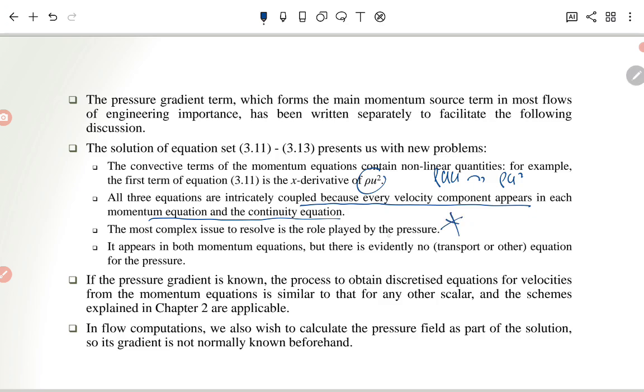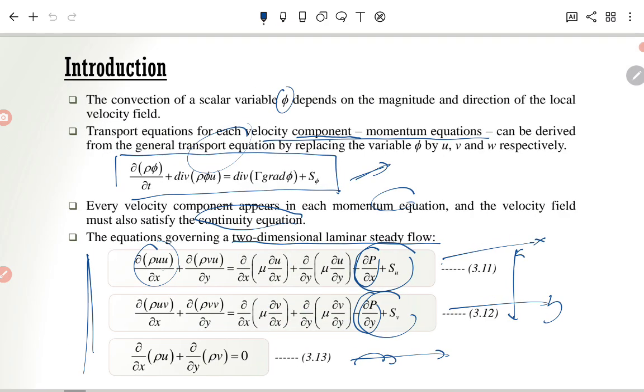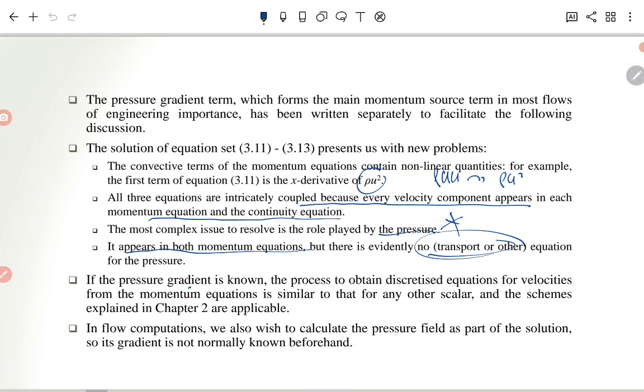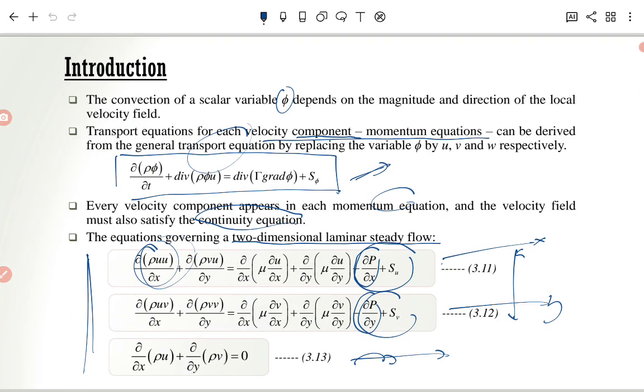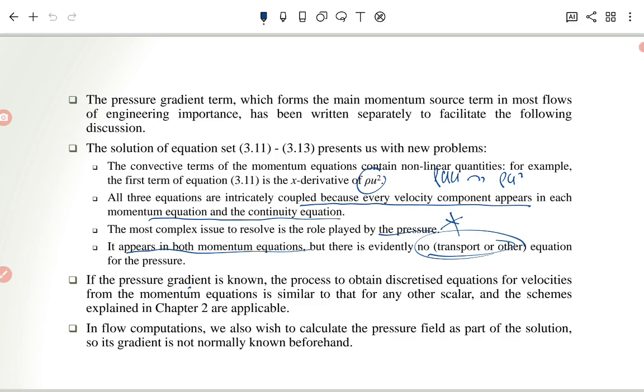The pressure appears in both momentum equations, but there is no transport equation for pressure. If we know the pressure gradient, the process to obtain the discretized velocity from the momentum equation is similar to what we did in the previous chapter.